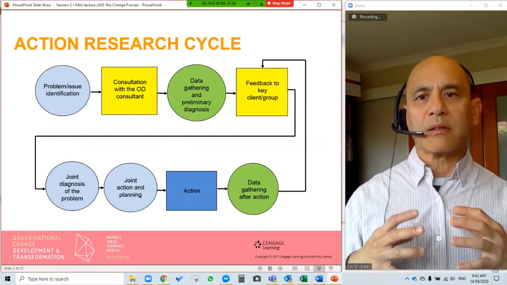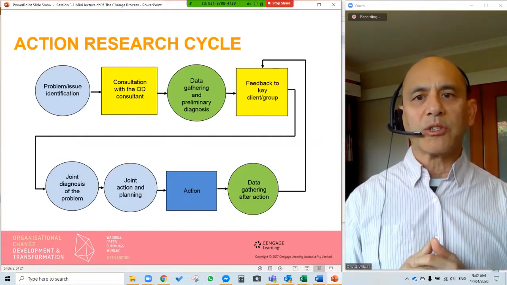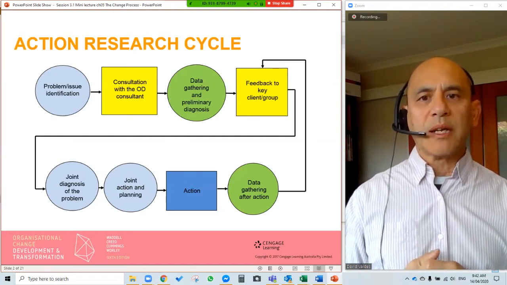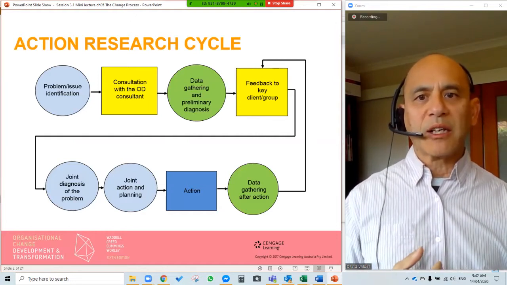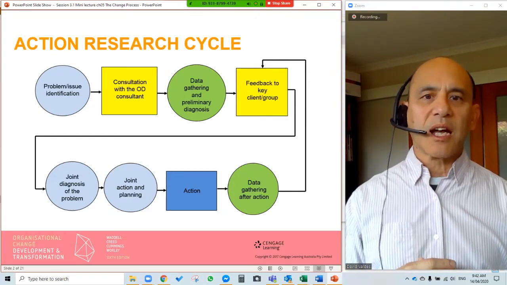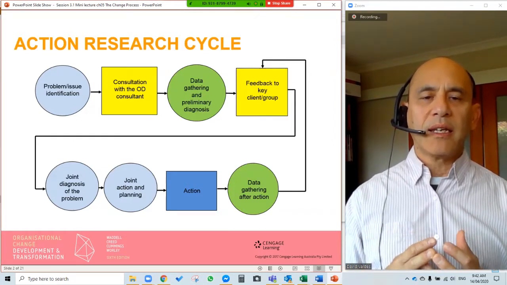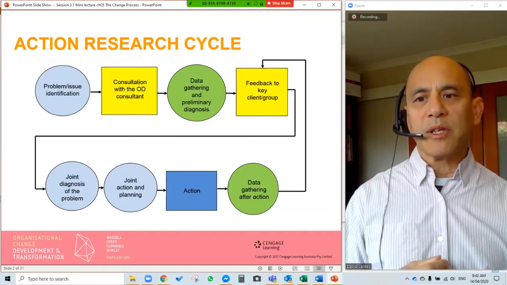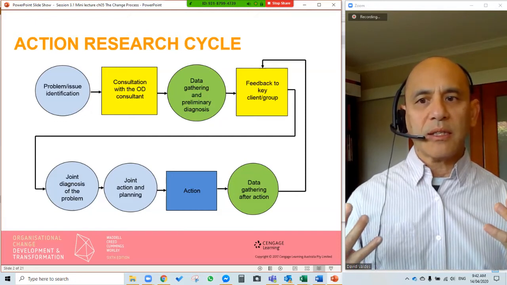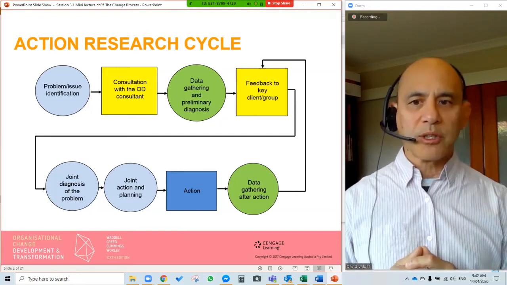So you look at the data available within the organization, and we can do interviews, etc., and determine what we call a preliminary diagnosis. And that diagnosis is usually discussed with the client. And then together with the client, you come up with an agreement of what we think is the source of the problem within the organization.